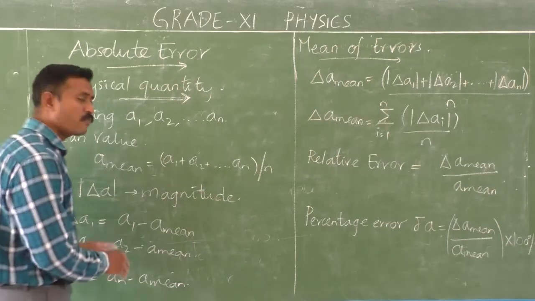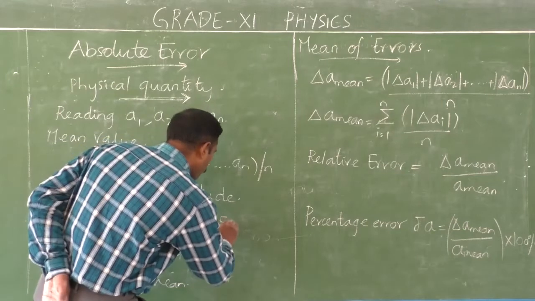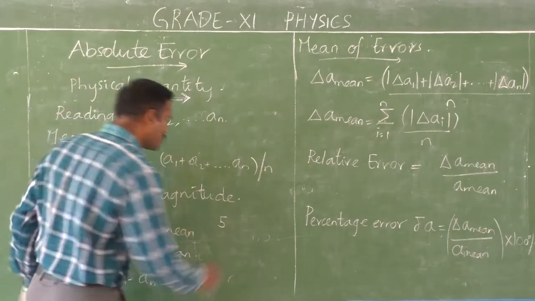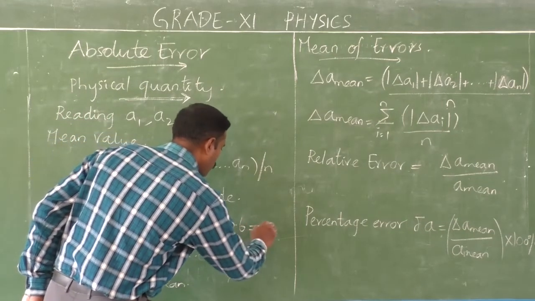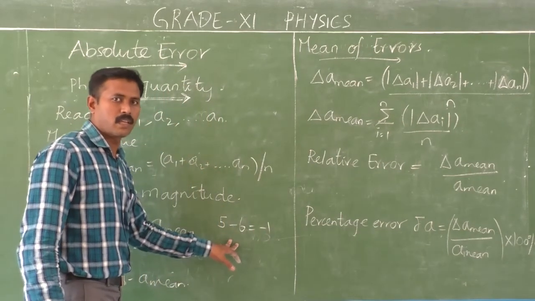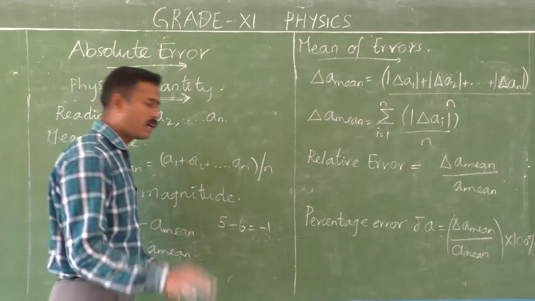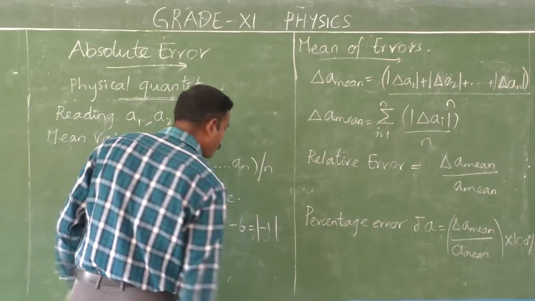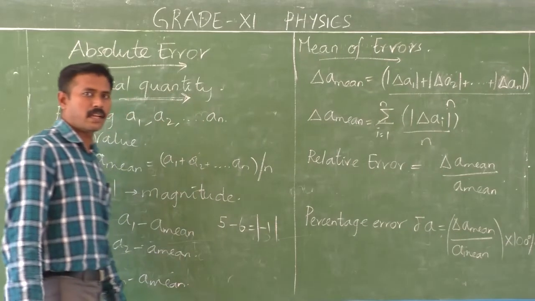For example, if A1 is 5 and A mean is 6, 5 minus 6 is minus 1. We should not consider the minus. Only the magnitude should be taken.